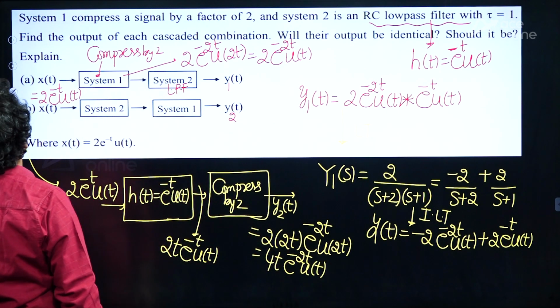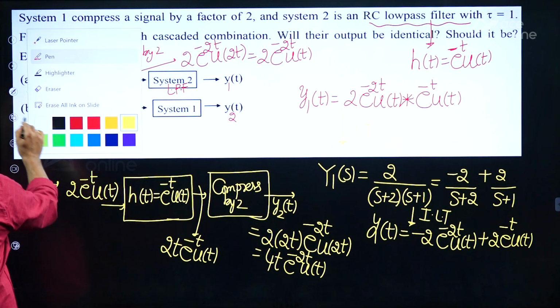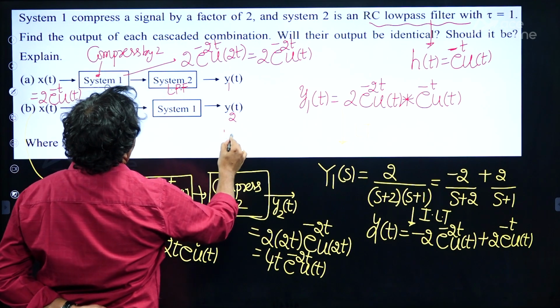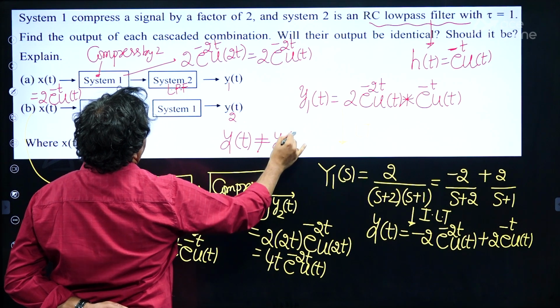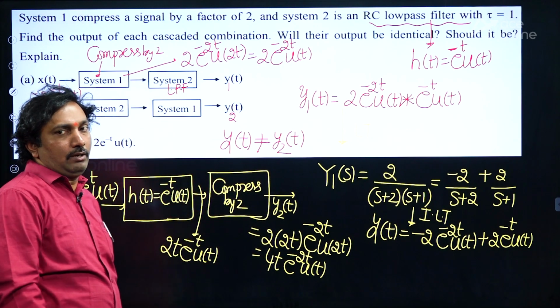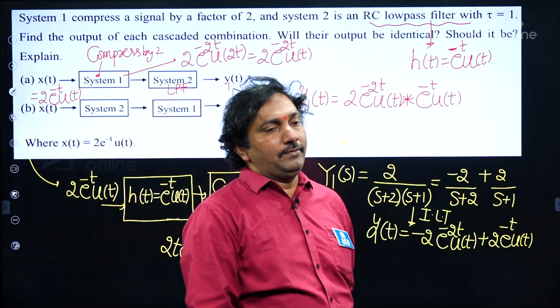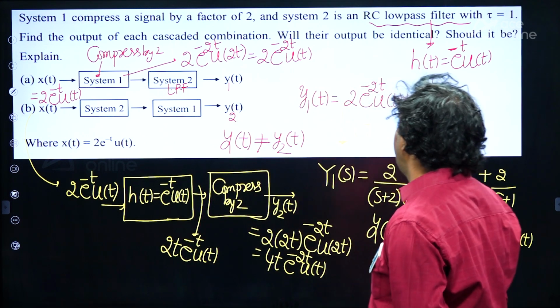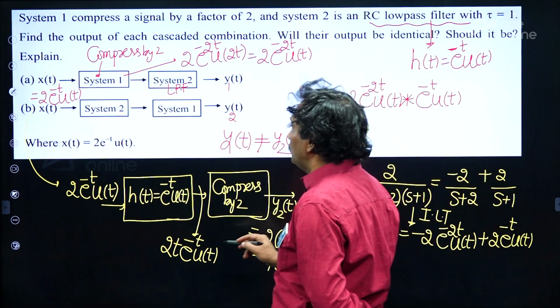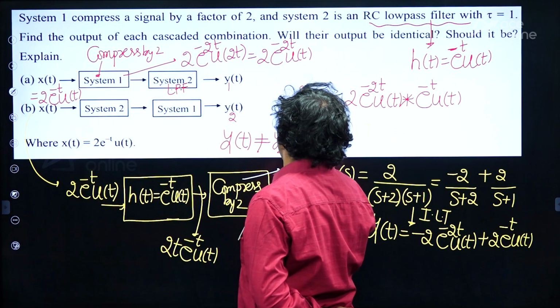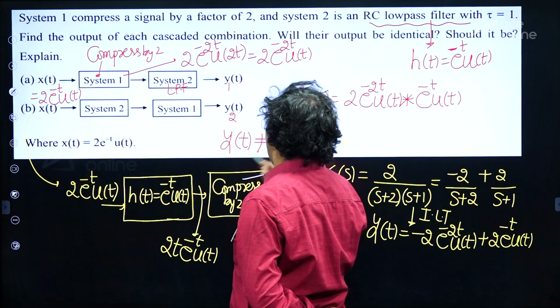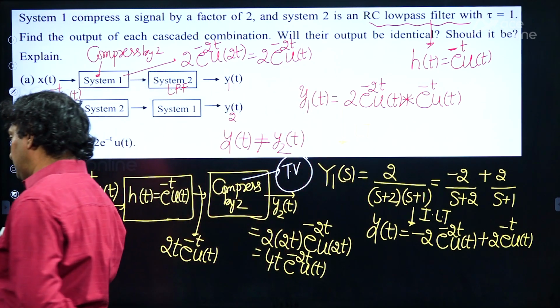The final outputs are not equal. Why are they not equal? Because one of the systems is a variant system: compressed by 2 is a variant system. That is the reason the final outputs are not identical.